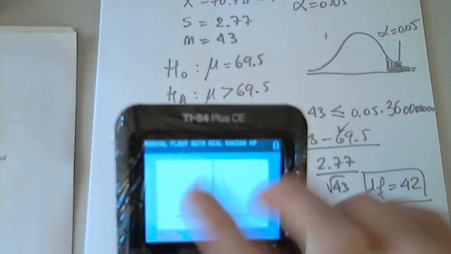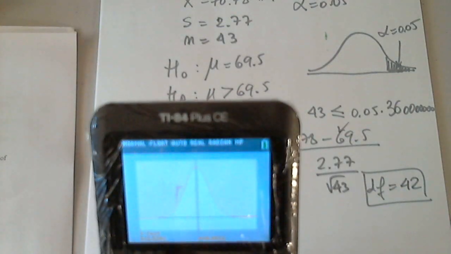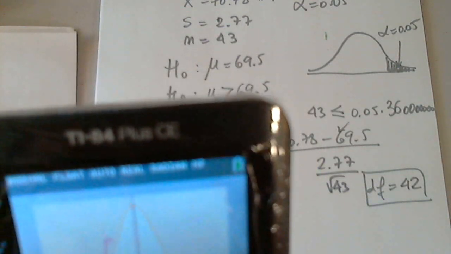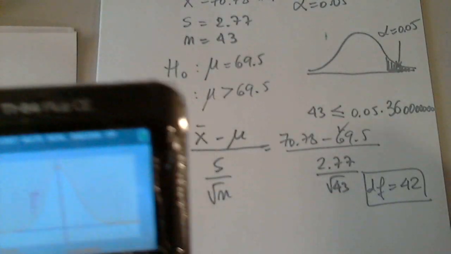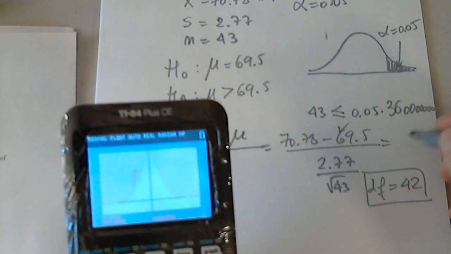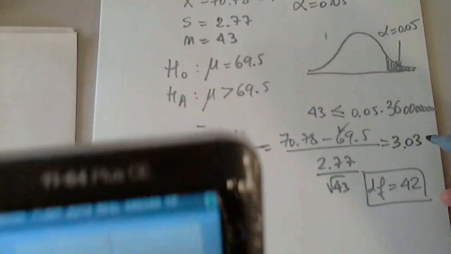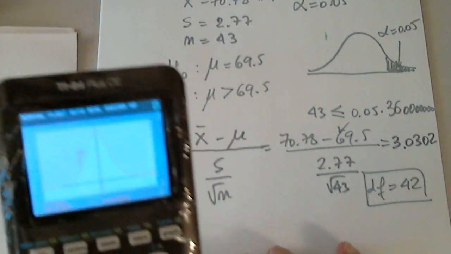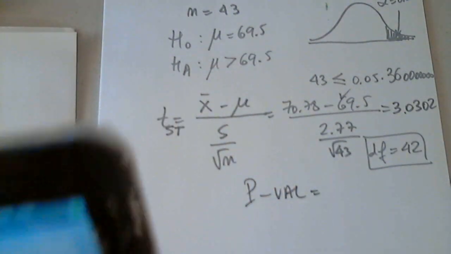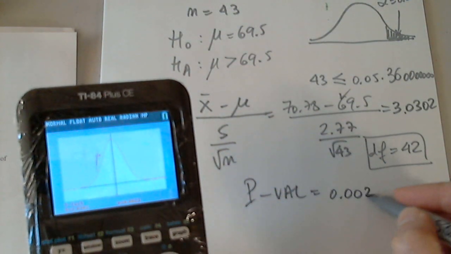I have to change something there with the color or something. So the p-value that I got is 0.0021. The t statistic the calculator gave me, and you'll tell me what it gave you, is 3.0302.